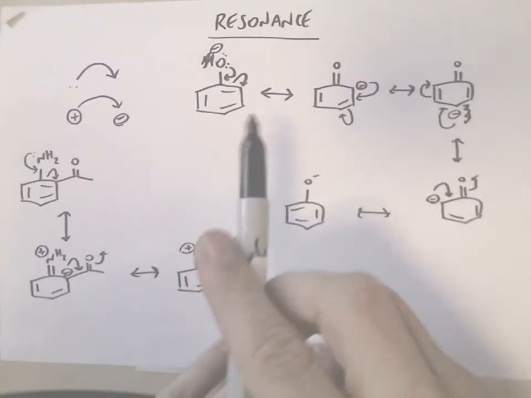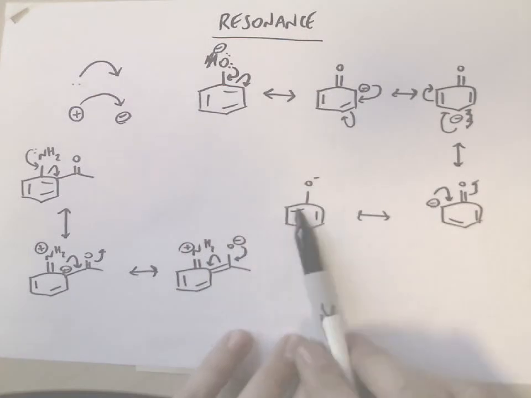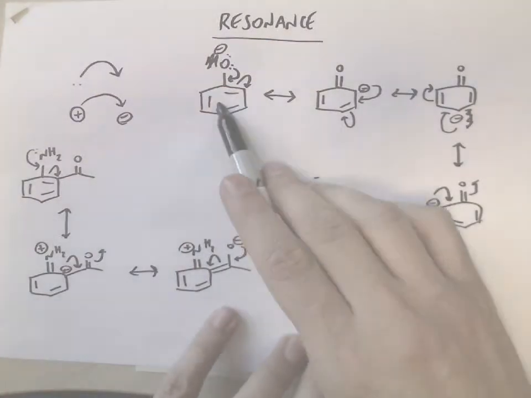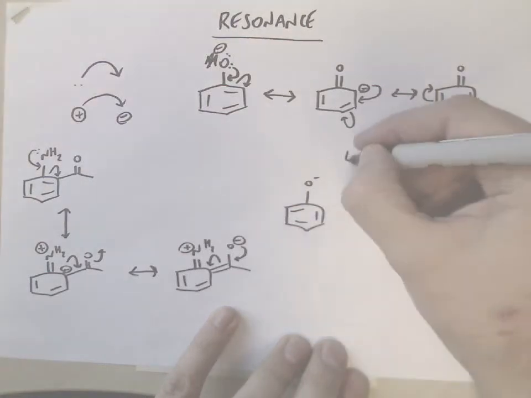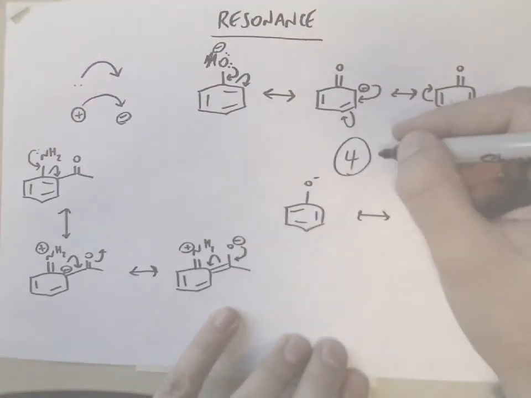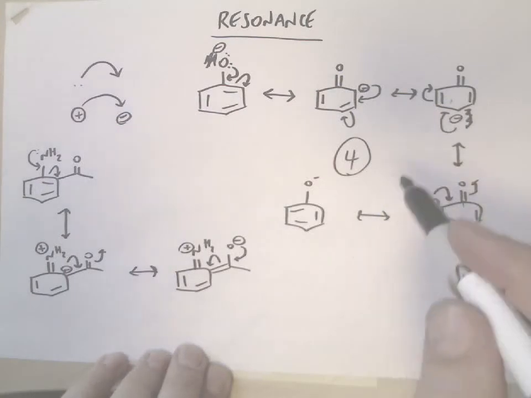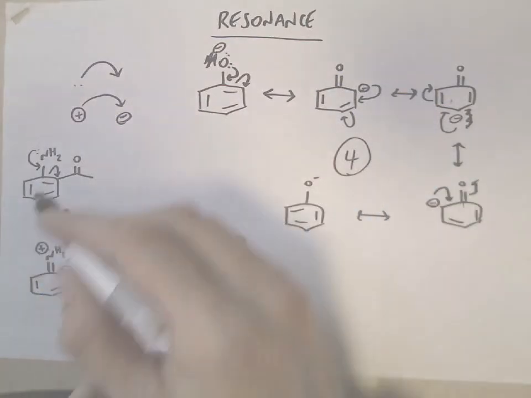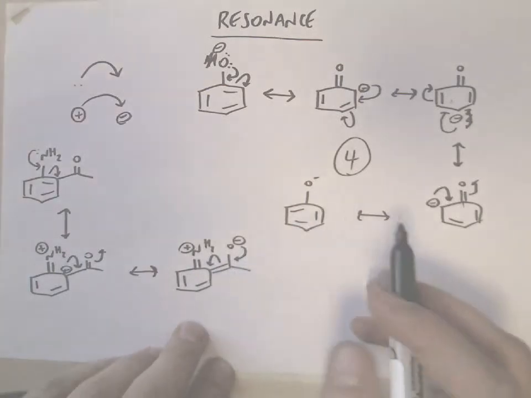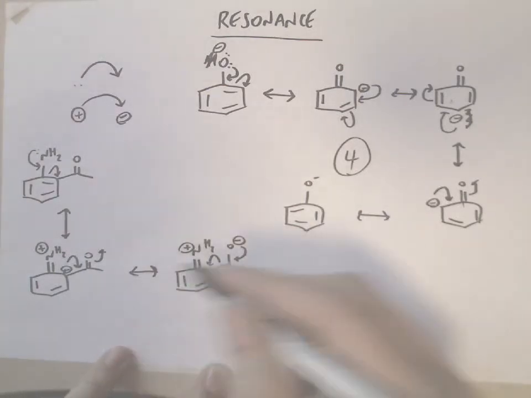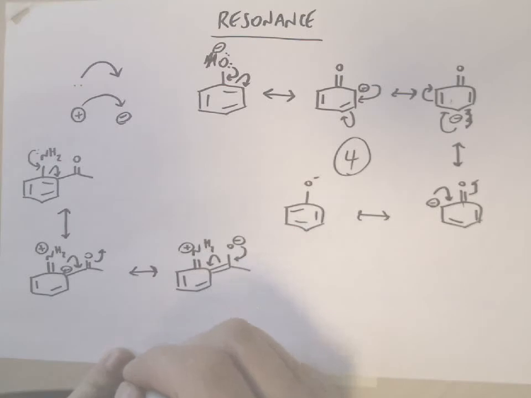So if we look at the total number of resonance structures that we can draw here, we've got the starting one, 1, 2, 3, 4 and back to the beginning again. So we've got 4 resonance structures here. Whereas when you start adding extra groups around the ring, it allows you to include more resonance structures. So this has an extra resonance structure.